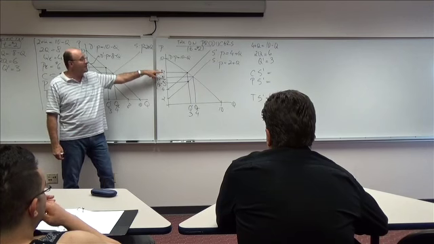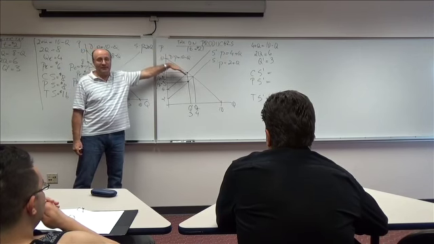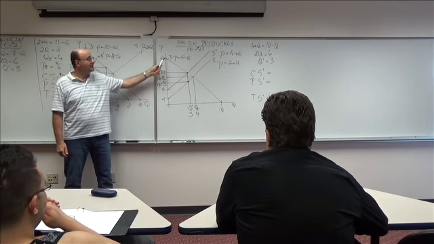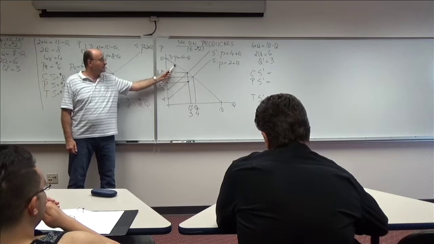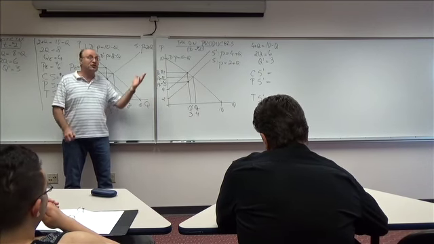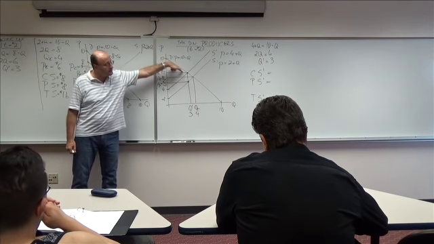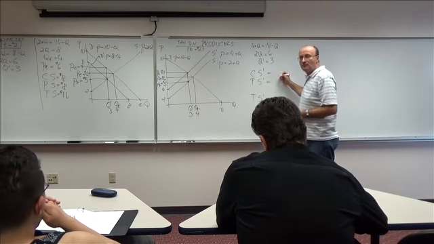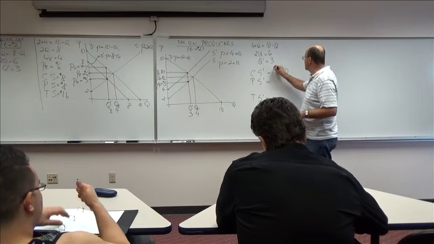All right, so it must be area of the triangle above the price, below demand. That makes sense? Can you see that small triangle on top? Very good. So that is consumer surplus. That's the measure of consumer surplus. How tall is it? 3 times 3 divided by 2. $4.50. Very good.